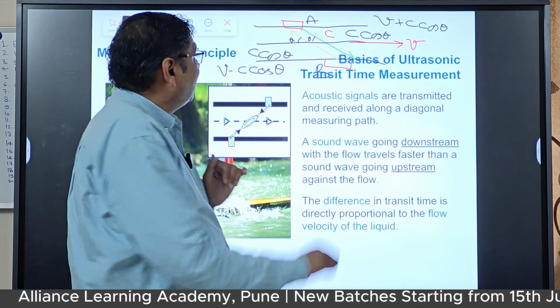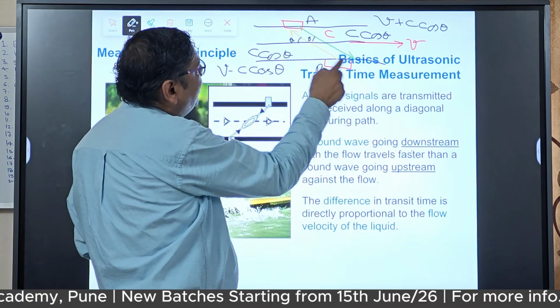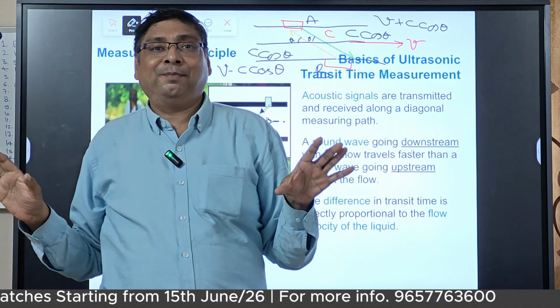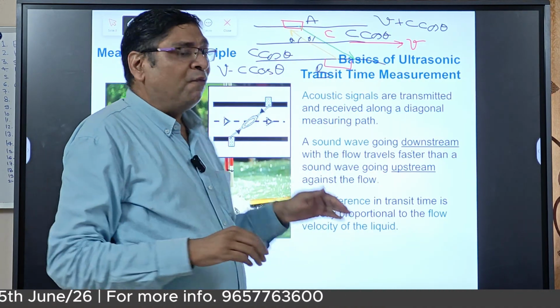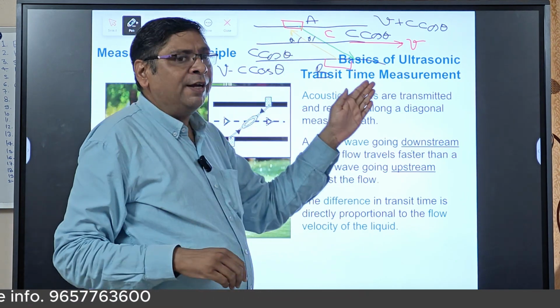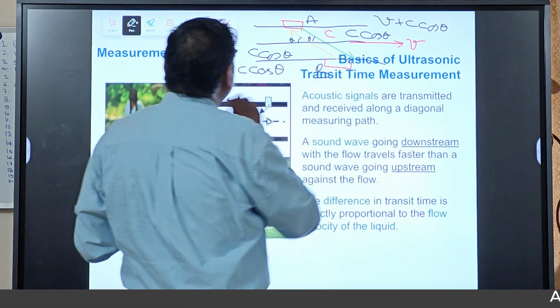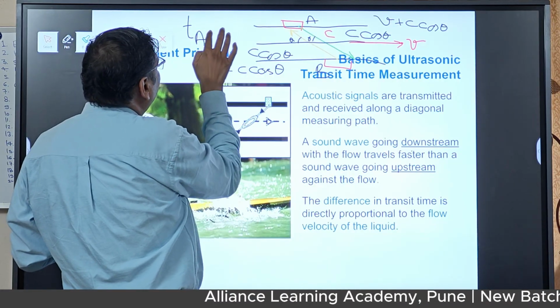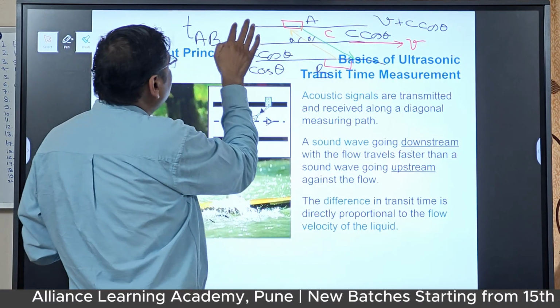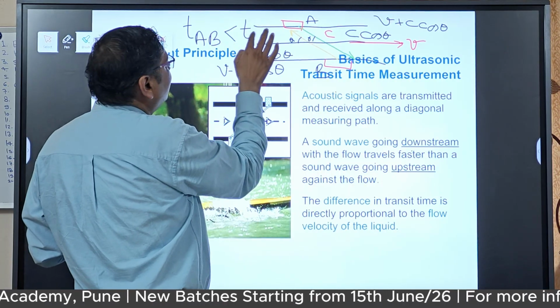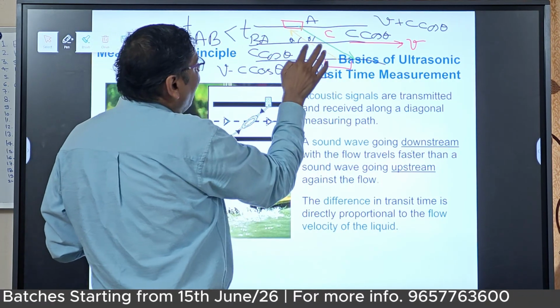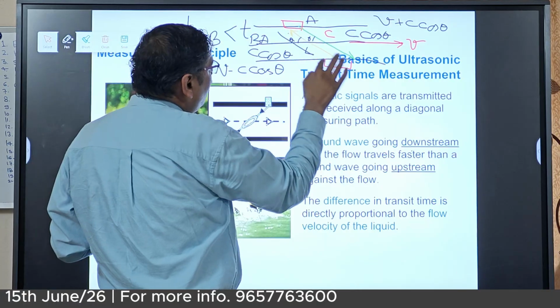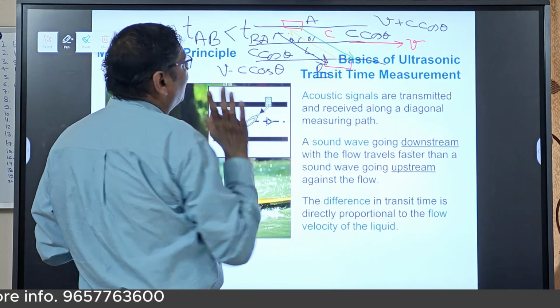Now one more thing: the distance traveled from A to B and B to A is the same. The velocity is more from A to B, so the time TAB will be lesser than TBA, but the distance L will always be the same.